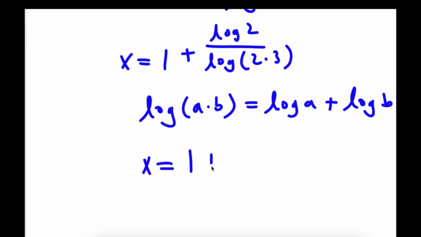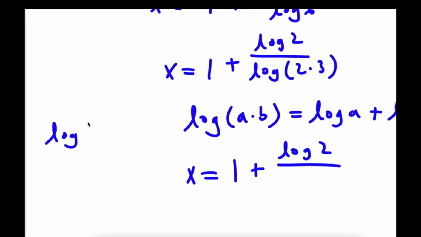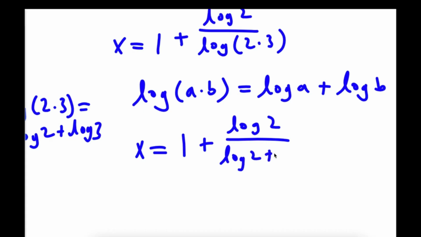So that we have x equals 1 plus log 2 over log 2 times 3. This would equal log 2 plus log 3. So I have log 2 plus log 3.